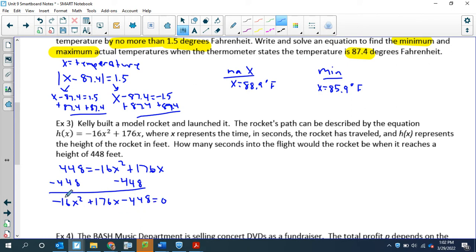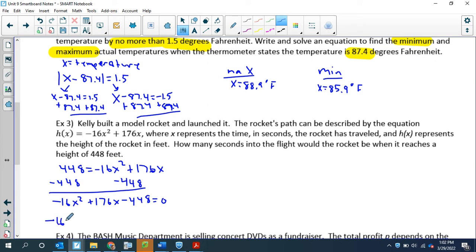So there's a 16 in front. So I'm going to try and divide each of these by 16. And if I try 176 divided by 16, I get 11. And when I do 448 divided by 16, I get 28. So I am going to pull out a GCF of 16. But not only am I going to pull out 16, I'm pulling out negative 16 because remember, we always want our leading coefficient to be positive.